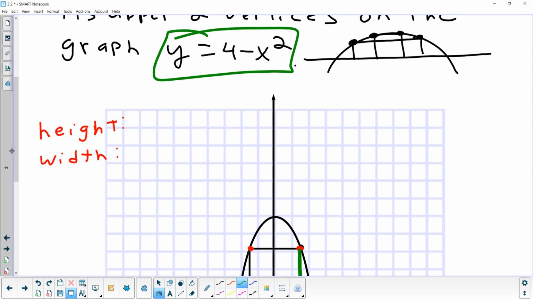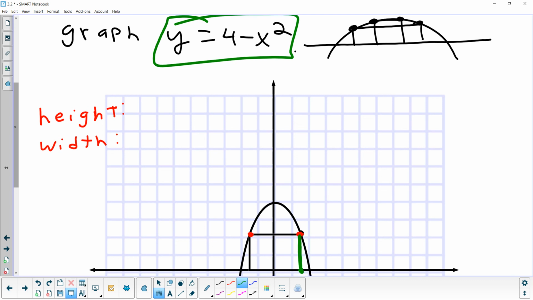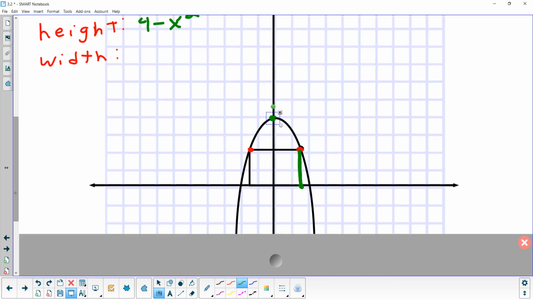So let's say you plug in 0. What would the height of your rectangle be? Well, if you plug in 0, you would be up there. 4 minus 0 squared gives me 4. So that would be a height of 4, which in this case is just a line segment. It wouldn't even be a rectangle. So the height is given by 4 minus x squared. How about the width?